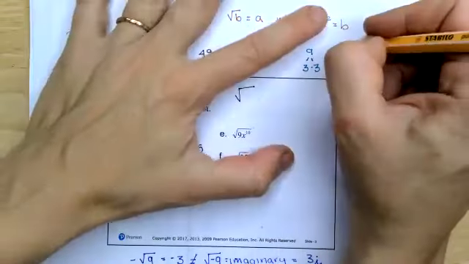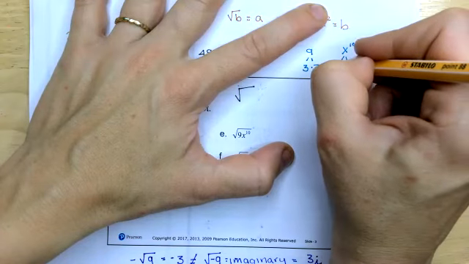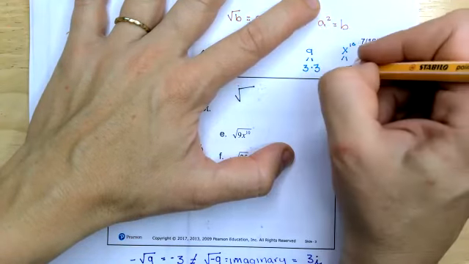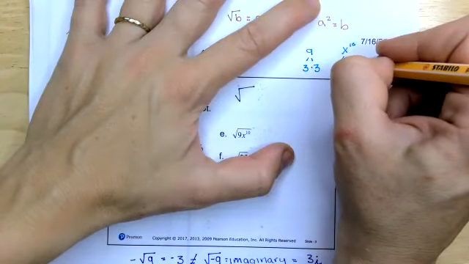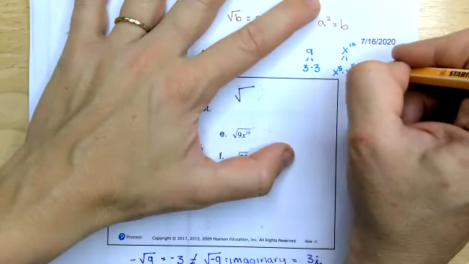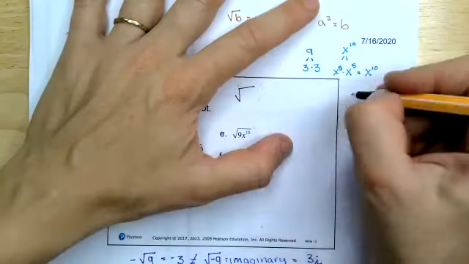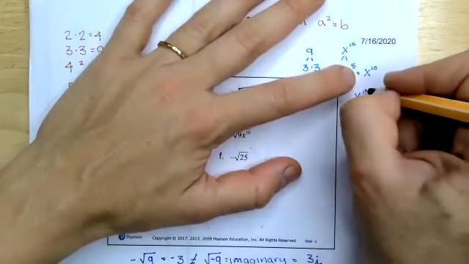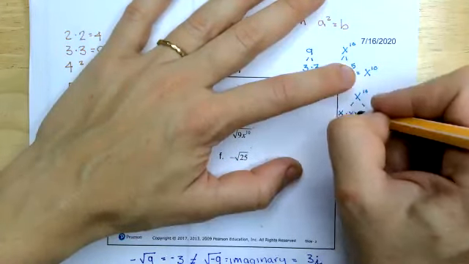And we can say x to the 10th becomes, you could say it's x to the 5th times x to the 5th, right? That's probably the fastest way. Or you can say that x to the 10th becomes 10 x's.